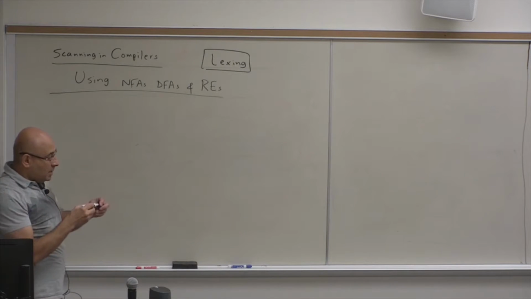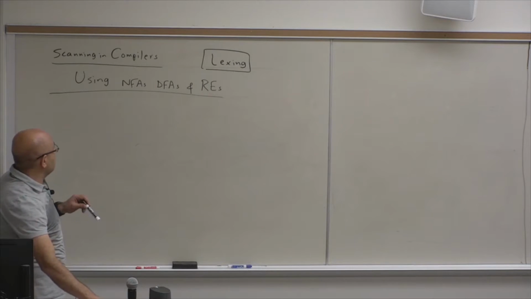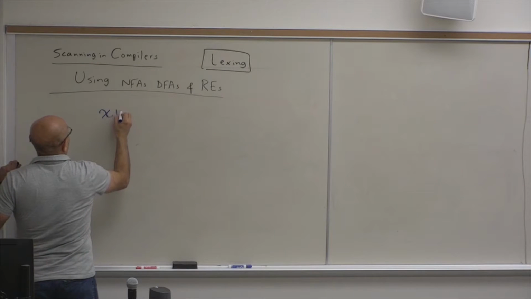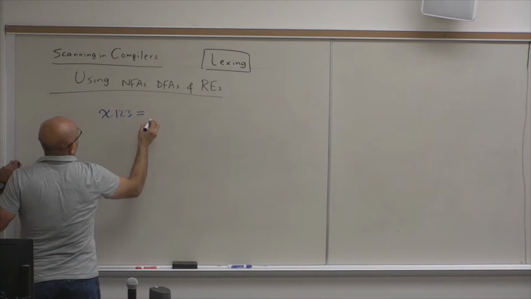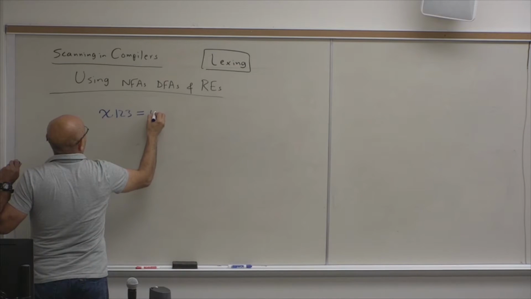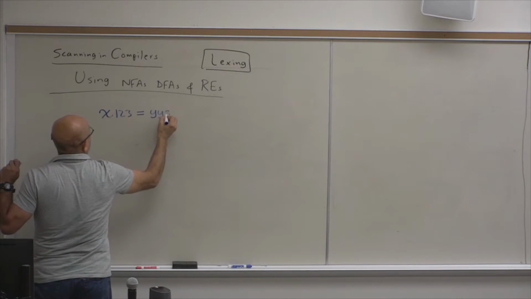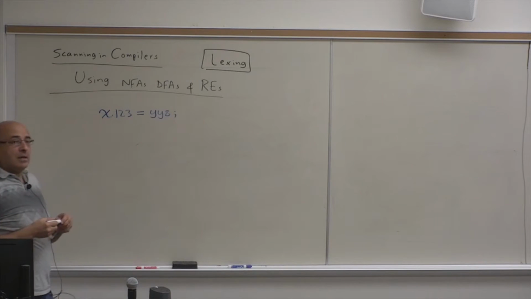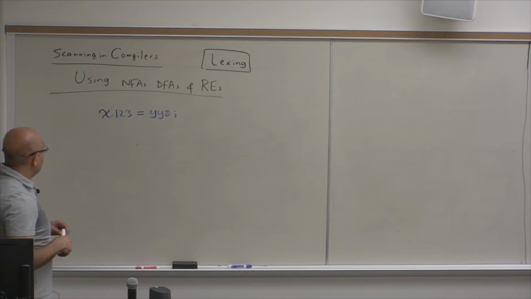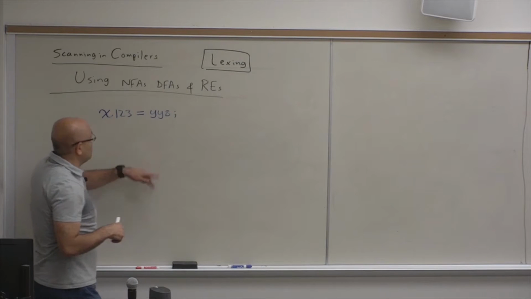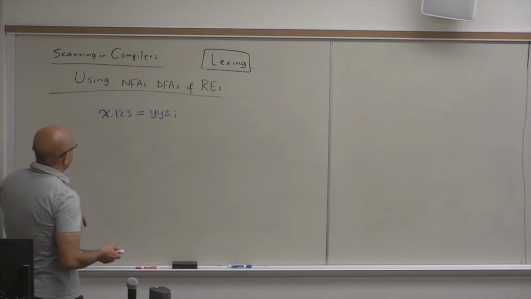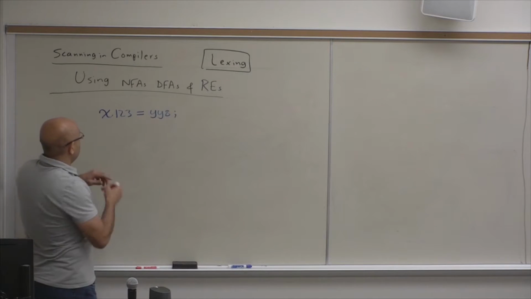What do we mean by tokens or lexemes? When you have something like x123 equals yy8 in a statement, an assignment statement in a typical programming language, this statement consists of this variable, right?